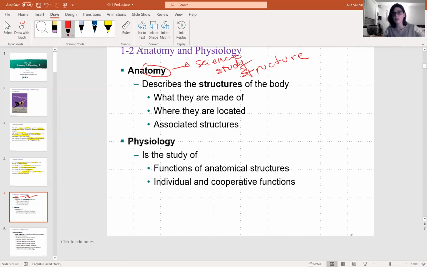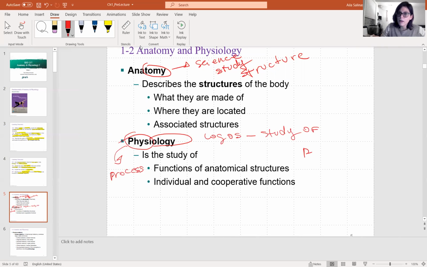Physiology is the opposite of anatomy. Physiology also comes from the Latin physios, is related to process. And logos means study of.